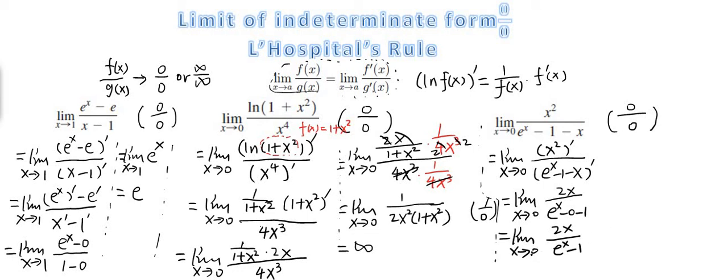And again, when we plug in 0 for both numerator and denominator, we have 0 over 0 again. That means we can use L'Hopital's rule again.